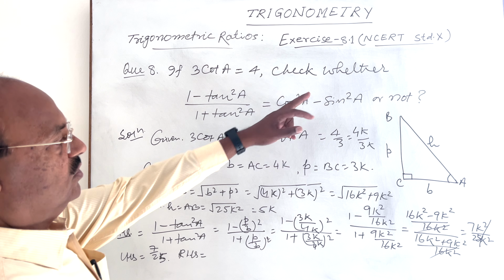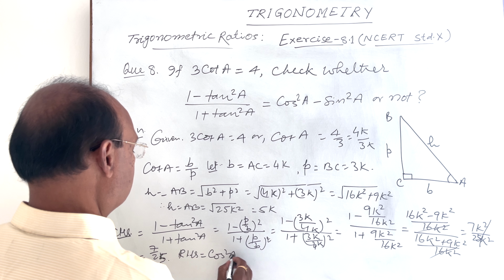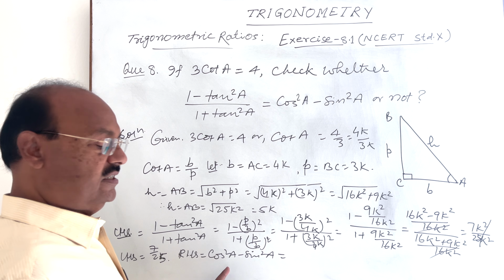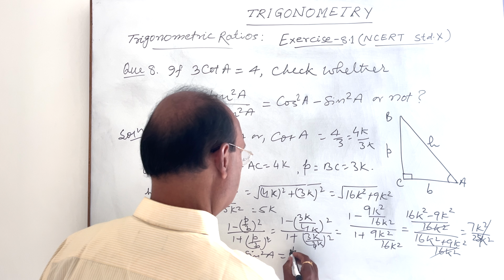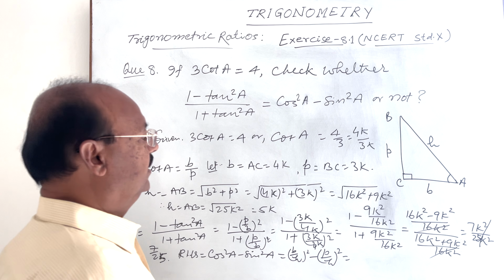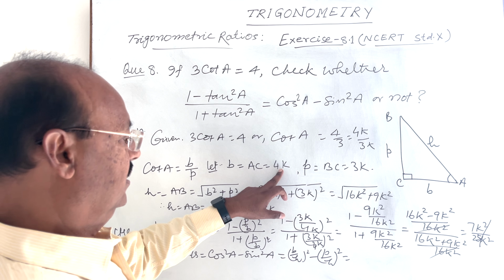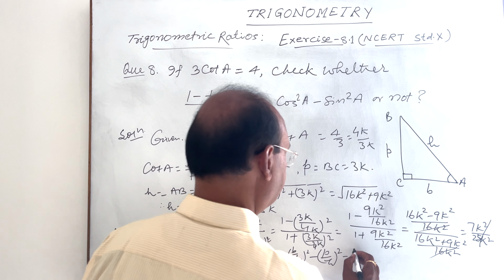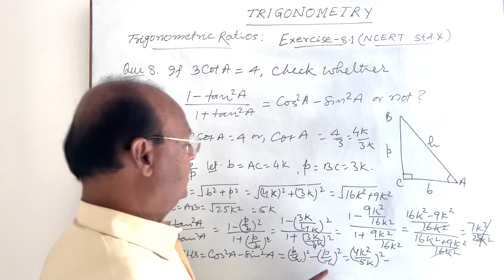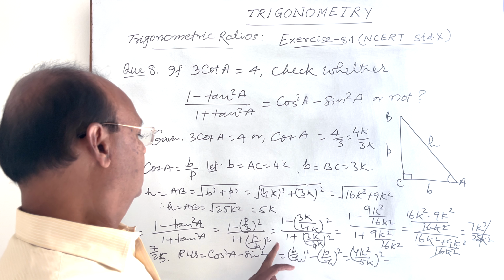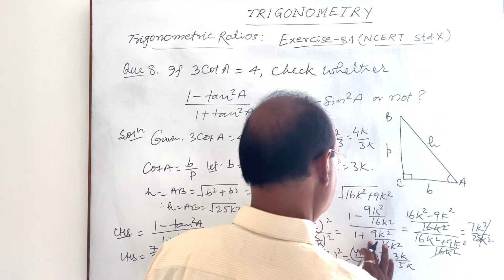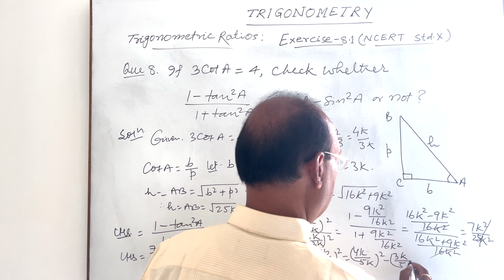Here the right hand side is cos square A minus sin square A. Cos is B by H whole square minus P by H whole square, correct? B by H is 4K by 5K, so (4K by 5K) whole square minus P by H, which is 3K by 5K, whole square.